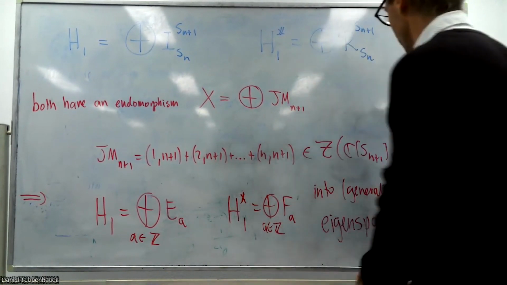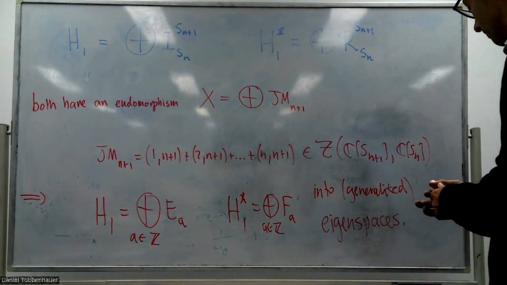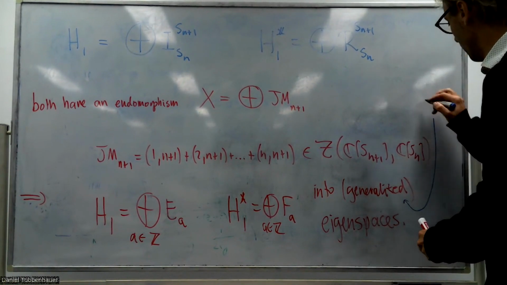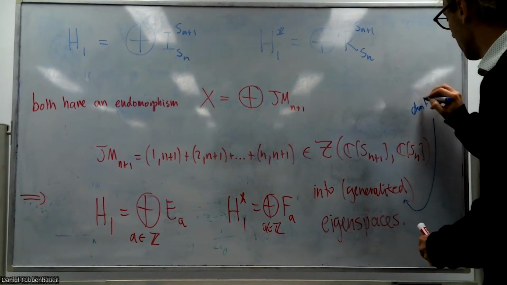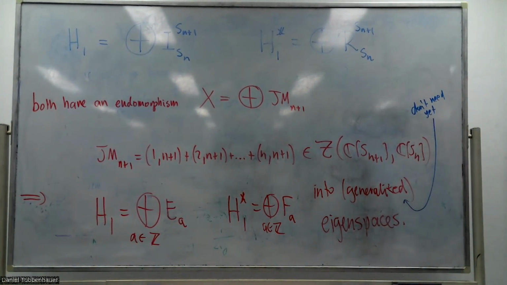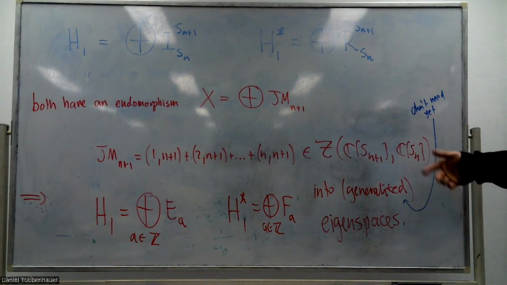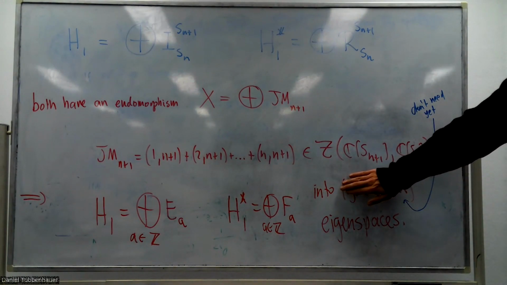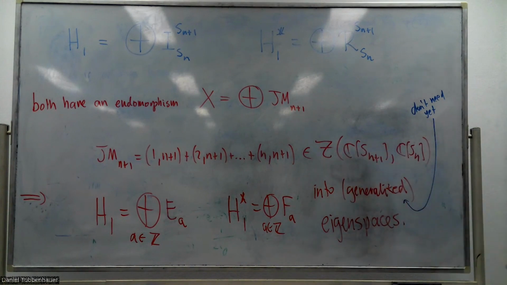At this point we don't need generalized: these generate a semisimple algebra and the Jucys-Murphy elements act semisimply on any module, so we could just say eigenspaces. But when we go to characteristic p, we need to say generalized.